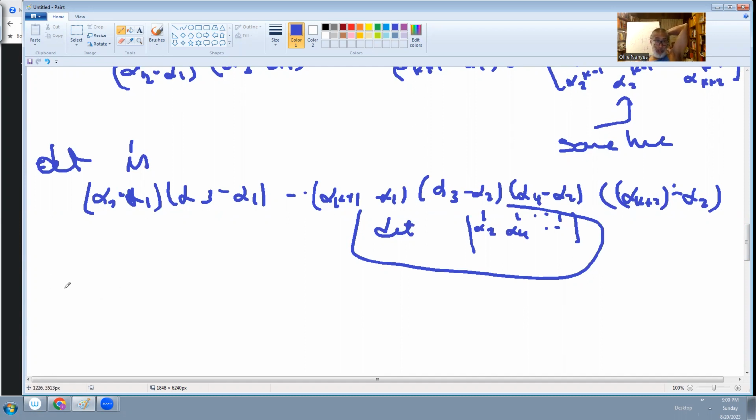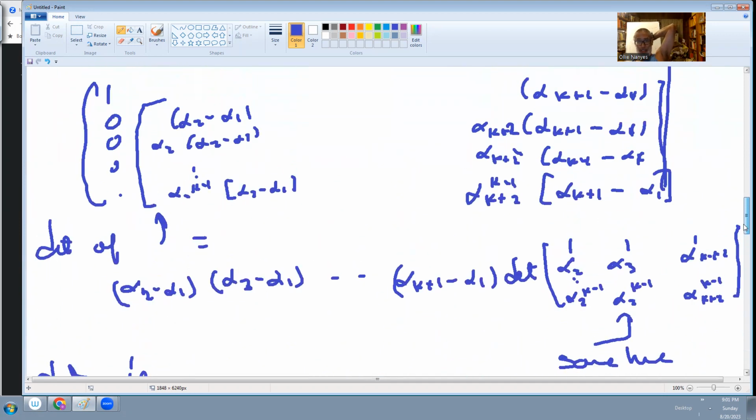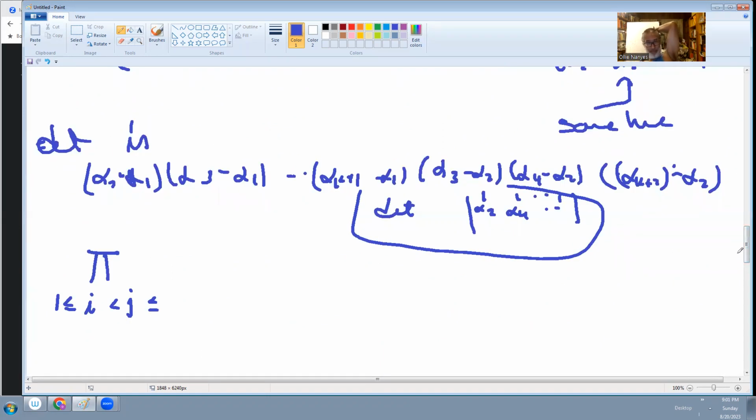So what the determinant will be, and this is how it's usually phrased, is the product over 1 less than or equal to i less than j less than or equal to, in this case, the very last one, k plus 1, of alpha j minus alpha i.